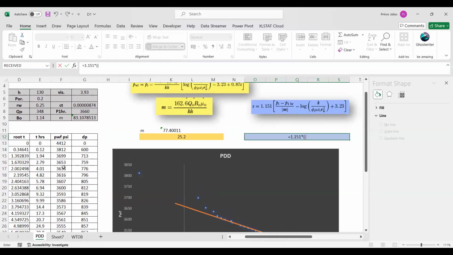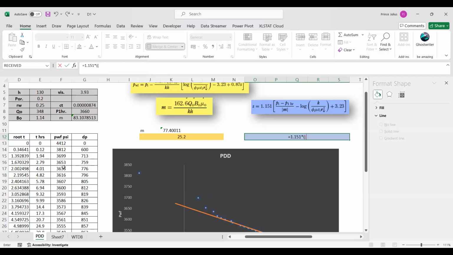In a pressure drawdown test, you have to understand where it starts. Initially the well will be shut in, and then after some time it will be produced. Once it is shut in, what happens to pressure? Pressure will rise until it reaches maximum pressure.